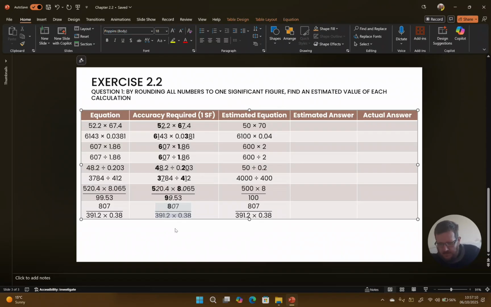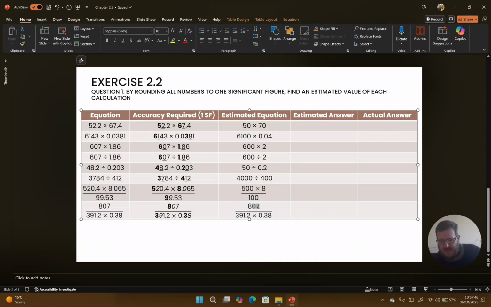And then we've got 391.2 times. Remember, the first zeros are not included because they're not significant figures, but they've got to be included because of it being crucial to keeping everything else in place.